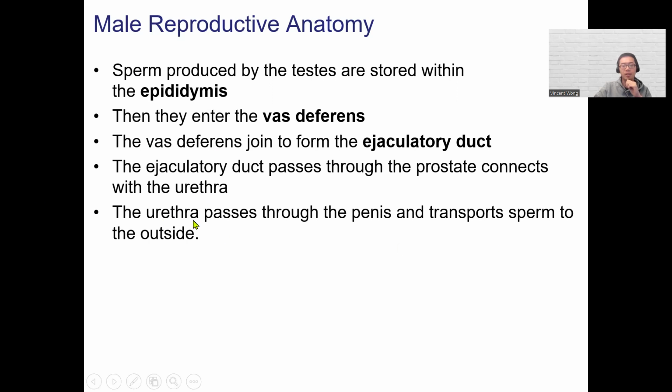And of course, the urethra is shared between the urinary system and the reproductive system. Okay, both urine and sperm come out through the urethra. Okay, which is why you also need the semen fluid to be a little bit basic, because urine can be acidic sometimes, and that acidity could kill off the sperm.